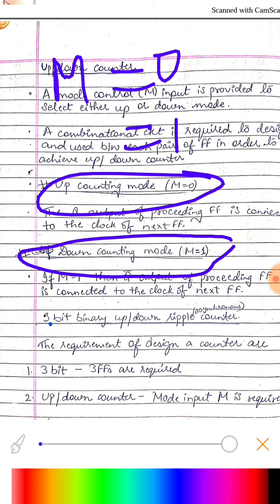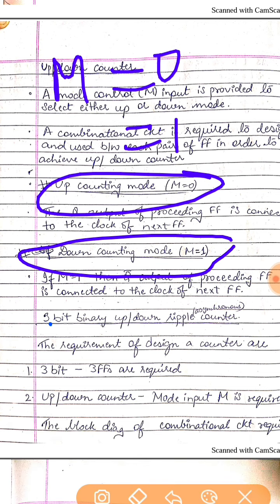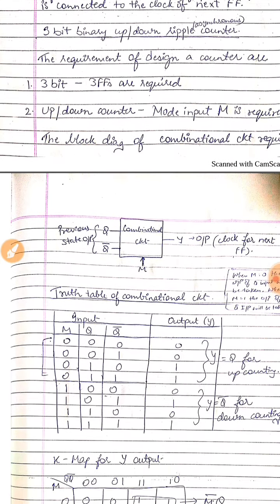So for this we need a combinational circuit to choose out of these two methods. If we have a 3-bit binary up down ripple counter or asynchronous counter, we would require 3 flip-flops.